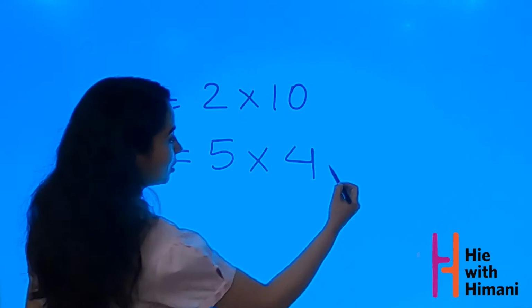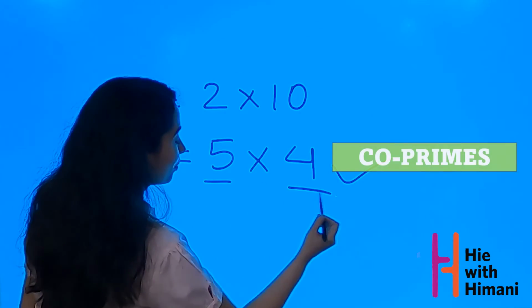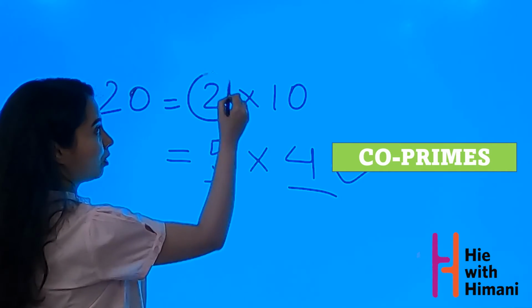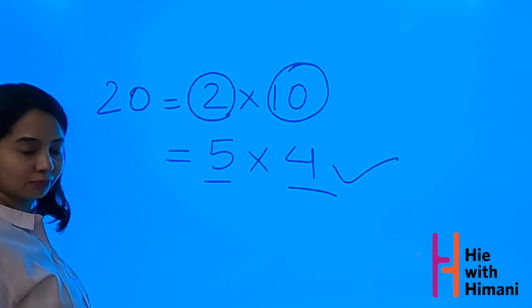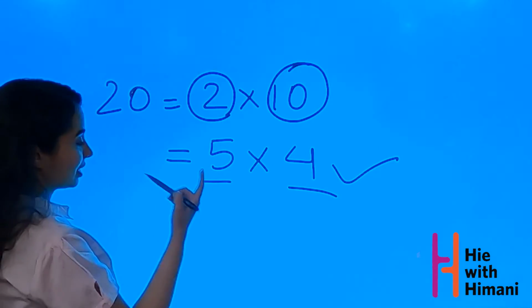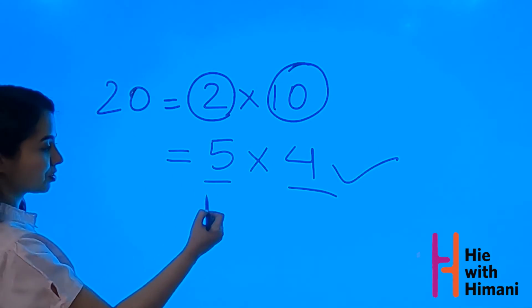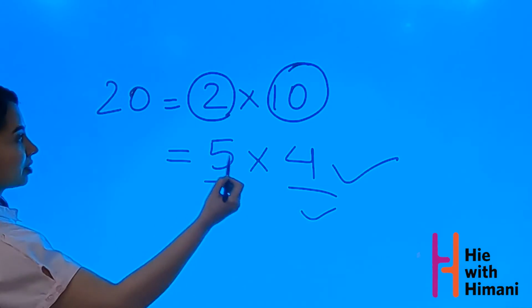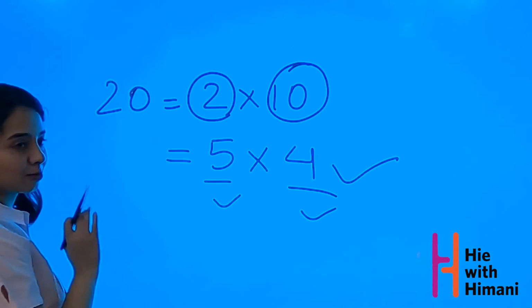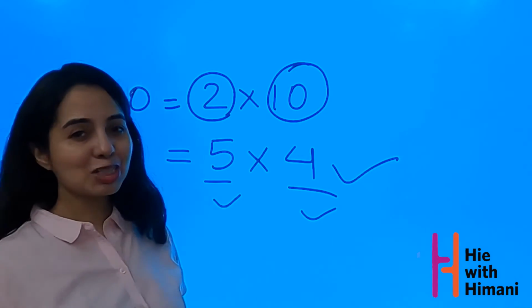Yes, we will choose 5 and 4 because they are co-primes. Whereas 2 and 10 are not co-primes. They have a common factor 2. So we can say if a number is divisible by 5 and also by 4, then that number will also be divisible by 20.